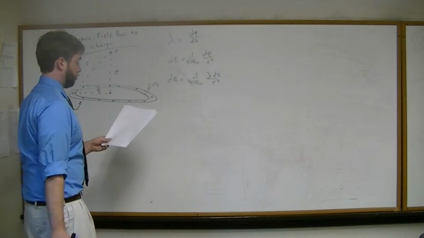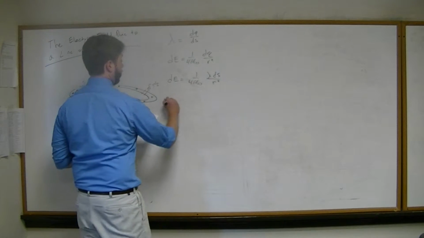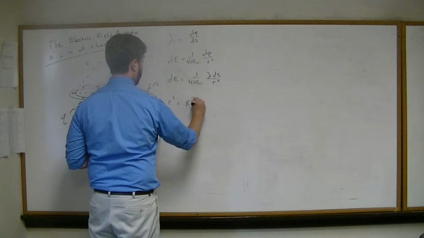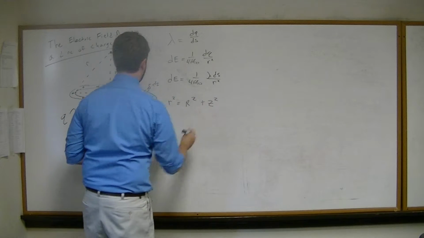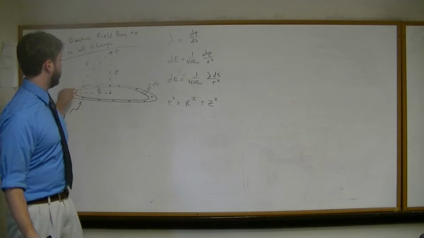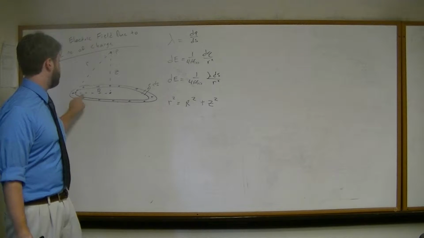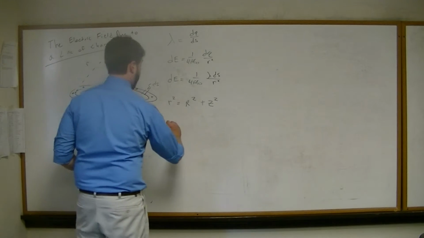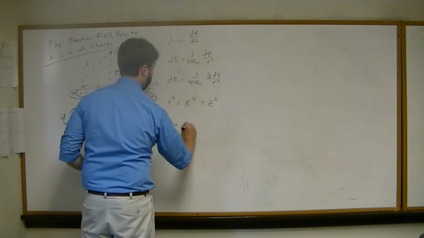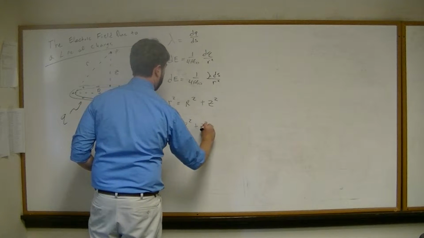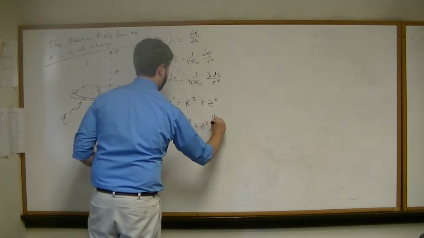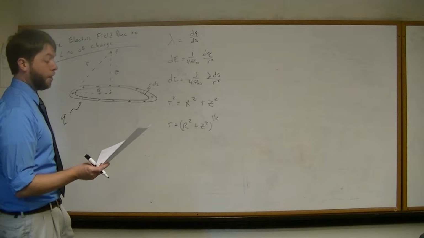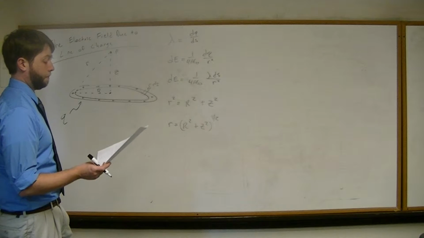So we are going to replace, because little r squared is equal to big R squared plus z squared. It's a right triangle. Little r is the hypotenuse, big R is one side, z is the other side. So that means that little r is equal to R squared plus z squared to the 1/2 power. Doesn't seem so important yet, but trust me, it's going to be.